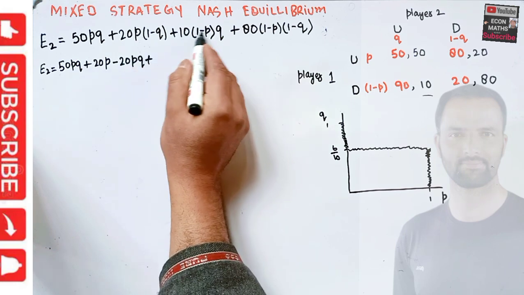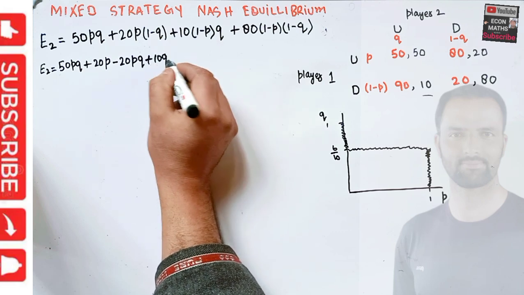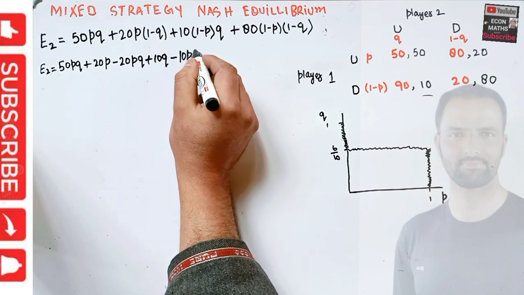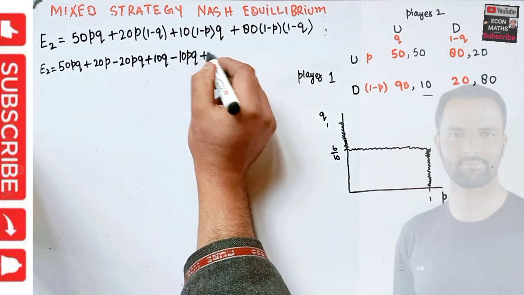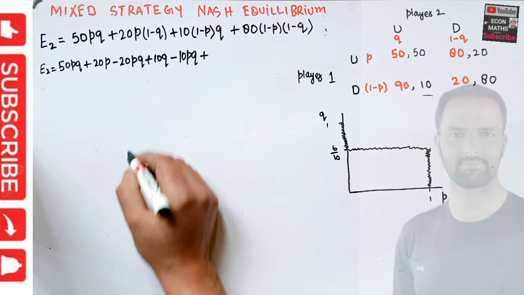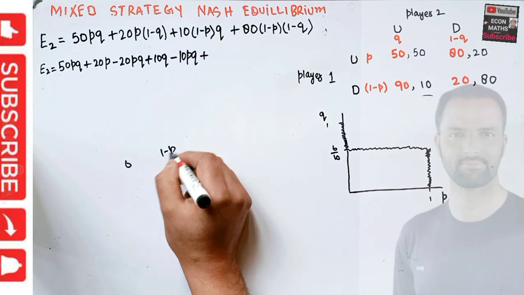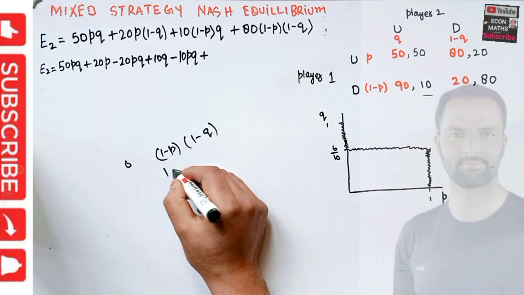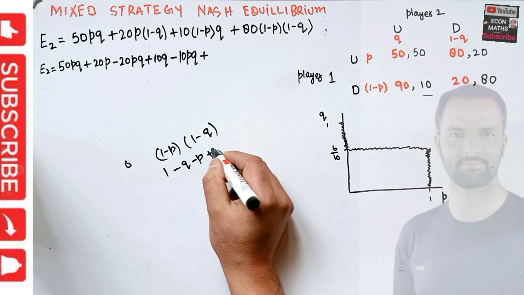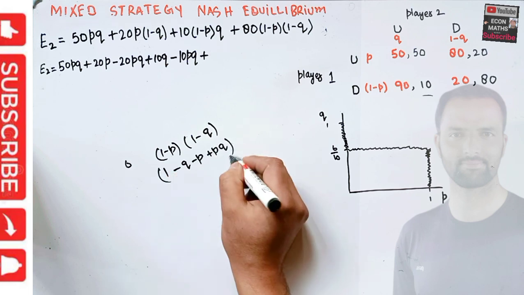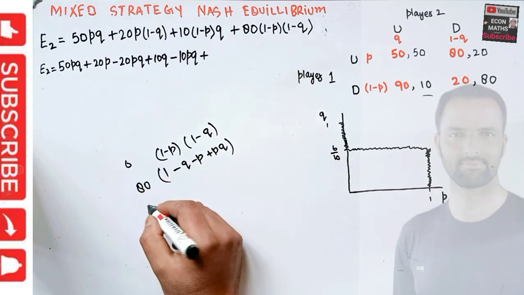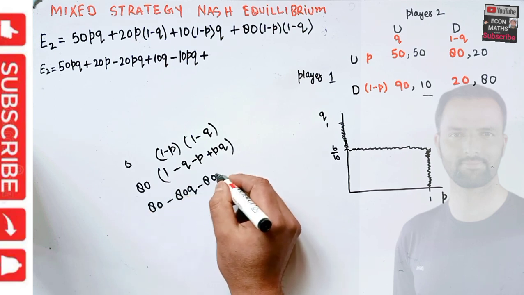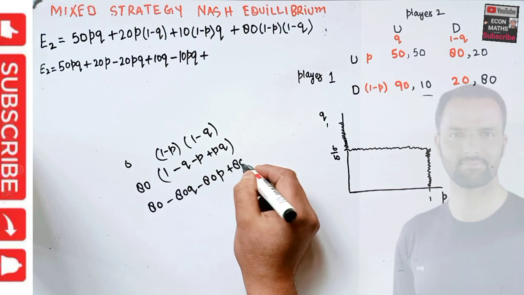Then we have 10 into 1 into Q, that is 10Q, minus we have 10 into P into Q, so 10 PQ. Then let's first solve this: we have 1 minus P times 1 minus Q. So this is 1 minus Q minus P plus PQ. And to this we have to multiply 80. So this comes out to be 80 minus 80Q minus 80P plus 80PQ.